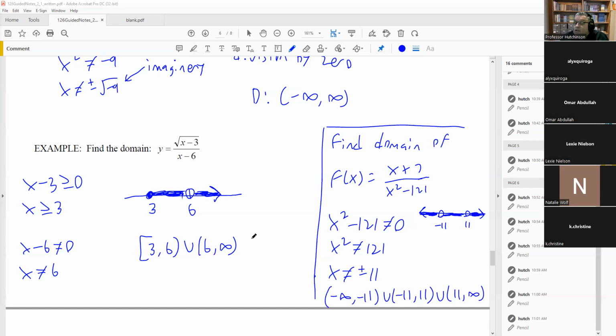This is one where you're going to have 3 different intervals. That's why I wanted to cover this one, so you understand there are 3 different intervals here: one less than negative 11, one between negative 11 and 11, and another one greater than 11. That's going to be all 3. So that was one more example I wanted to show you.